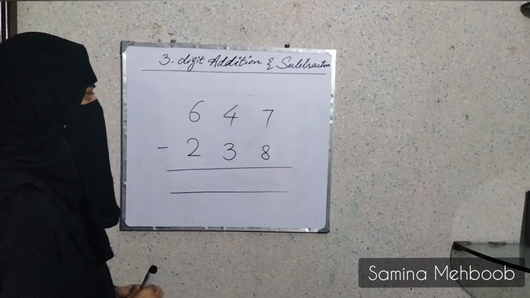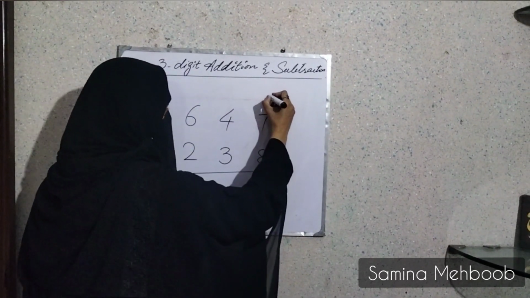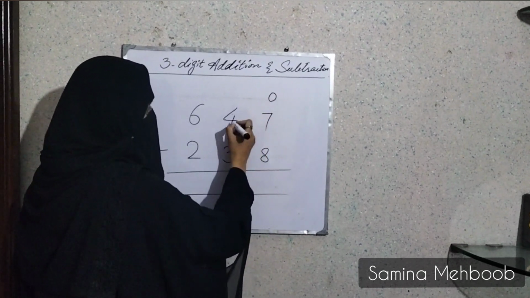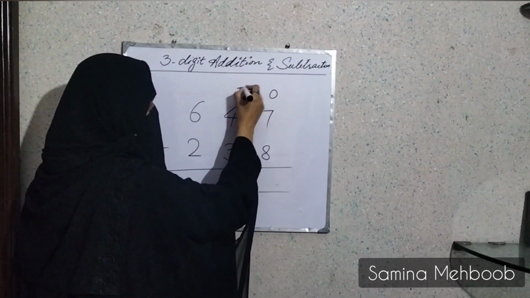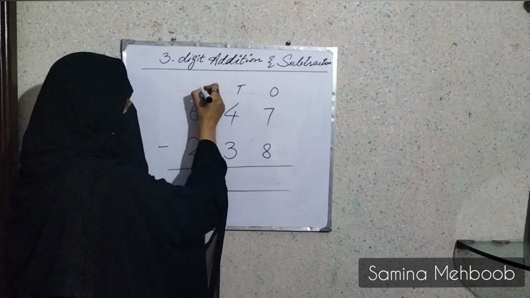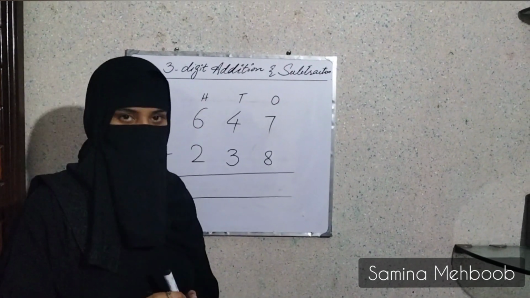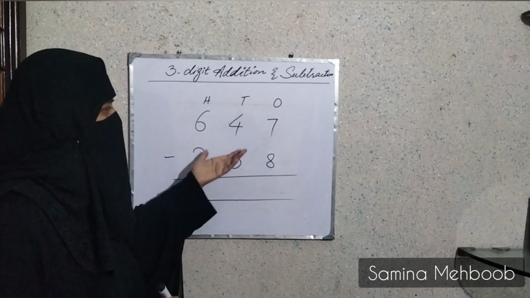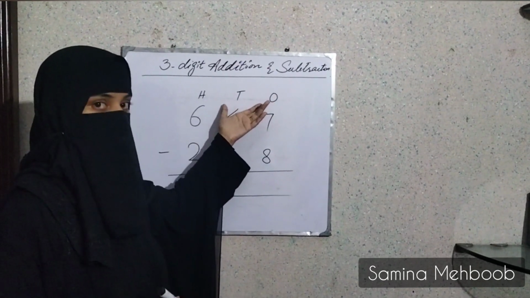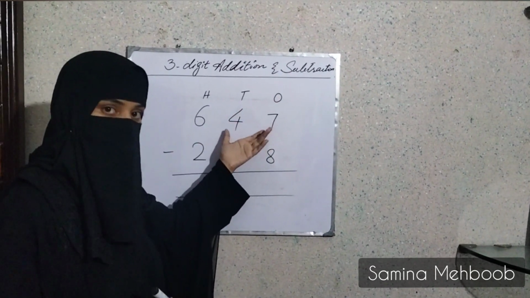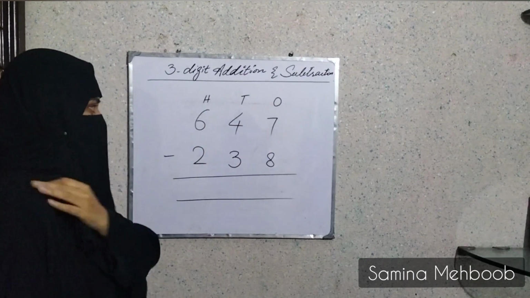We will write the place value. What is the place value of 7? Ones. What is the place value of 4? Tens. What is the place value of 6? Hundreds. Okay. Similarly, as we did in the addition question, we will first write the place value of the digits.